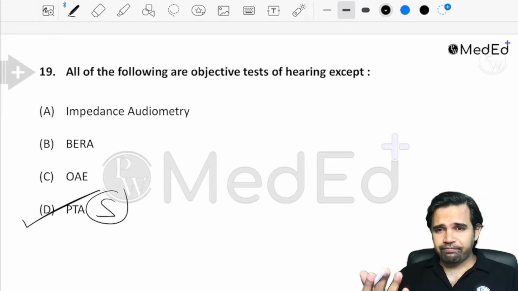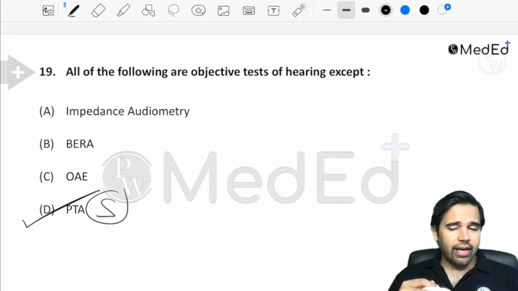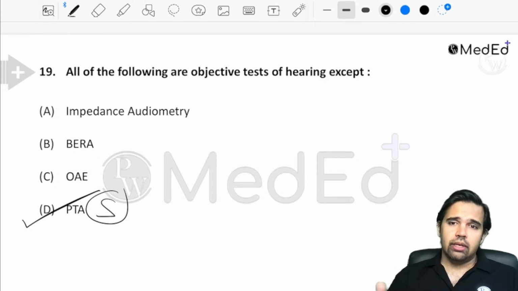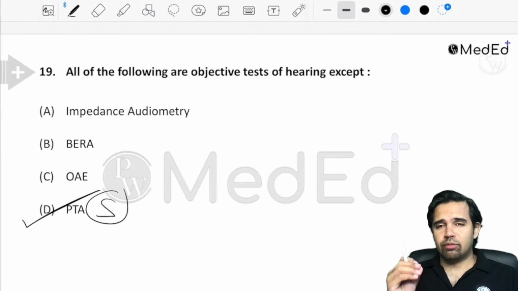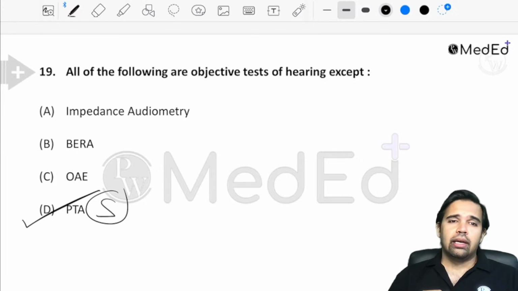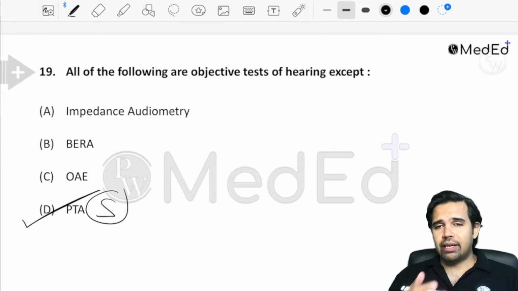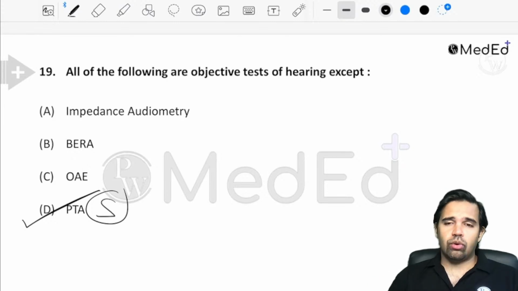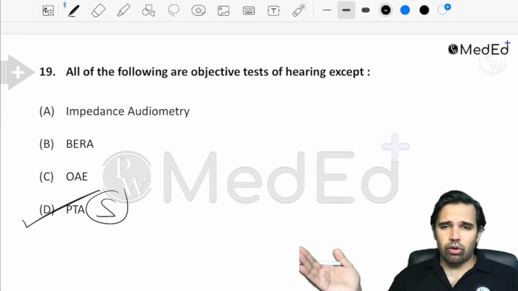Otoacoustic emissions, they're listening to sounds that are made inside the cochlea because of fluid movement in the basilar membrane, outer and inner hair cells. It can be spontaneous, or it can be evoked by giving some sort of transient bursts or clicks kind of sounds. So OAE is currently the gold standard screening test, because you don't require the child to fall asleep.